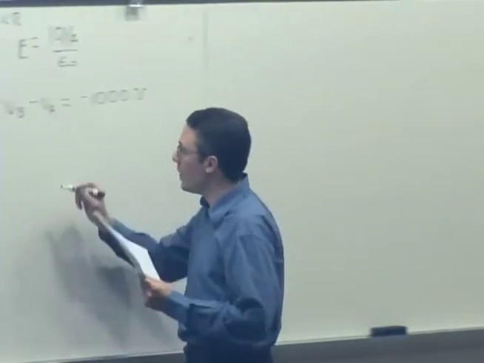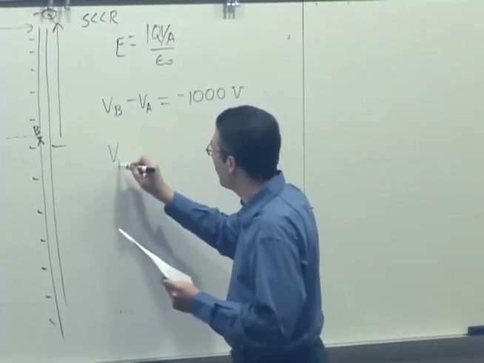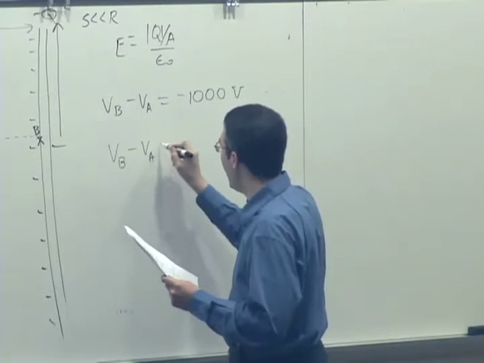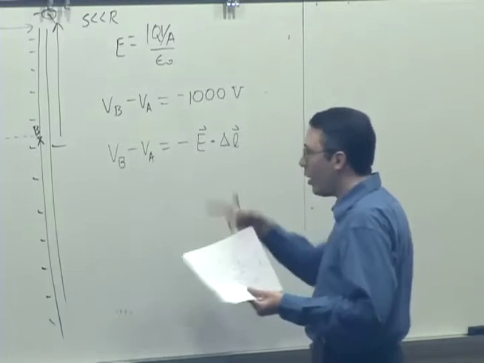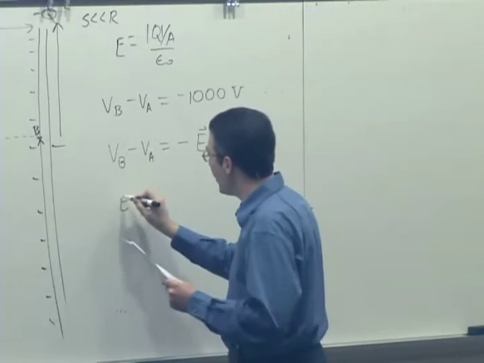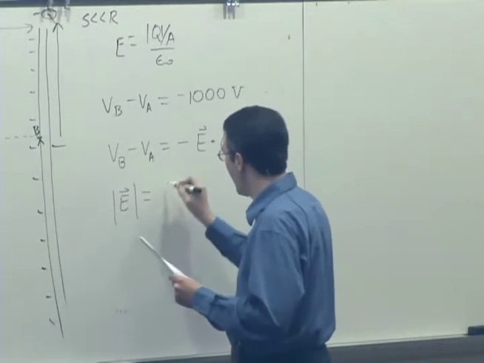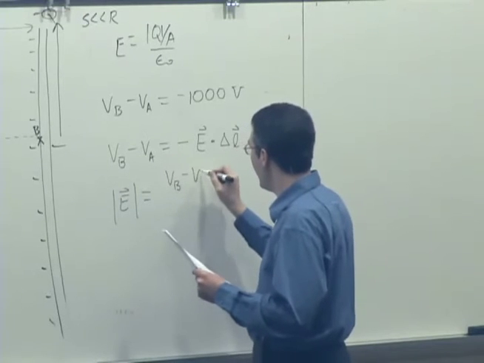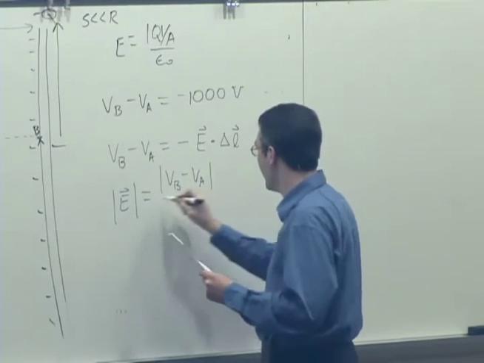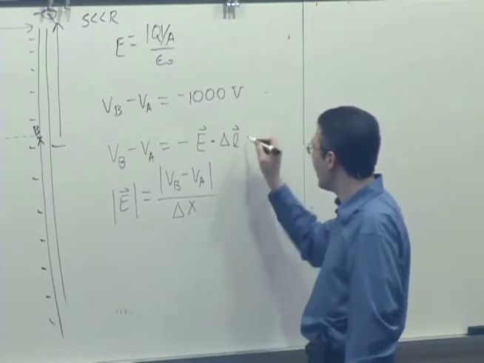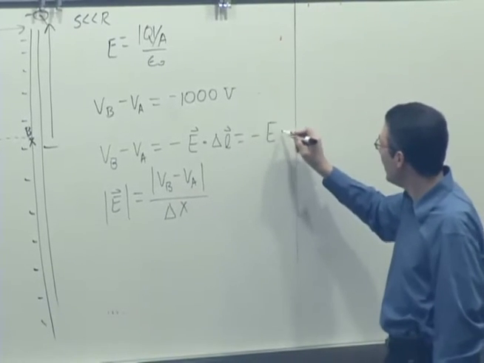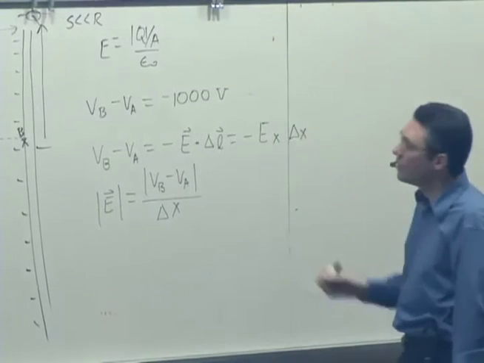Okay. So what's the electric field? Well, VB minus VA is negative E dot delta L. And I already know the direction, so let me just find the magnitude. The magnitude is going to be the magnitude of VB minus VA over the magnitude of that distance. And it's really delta x here, right? Because we're just looking at Ex delta x. It's only the x component.